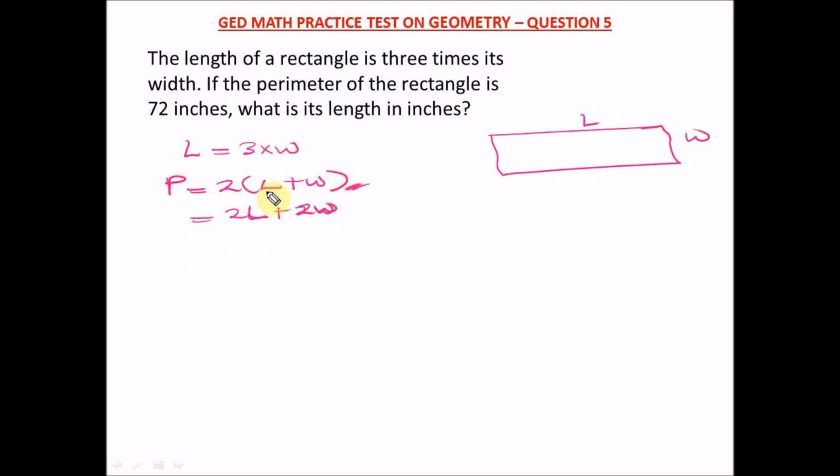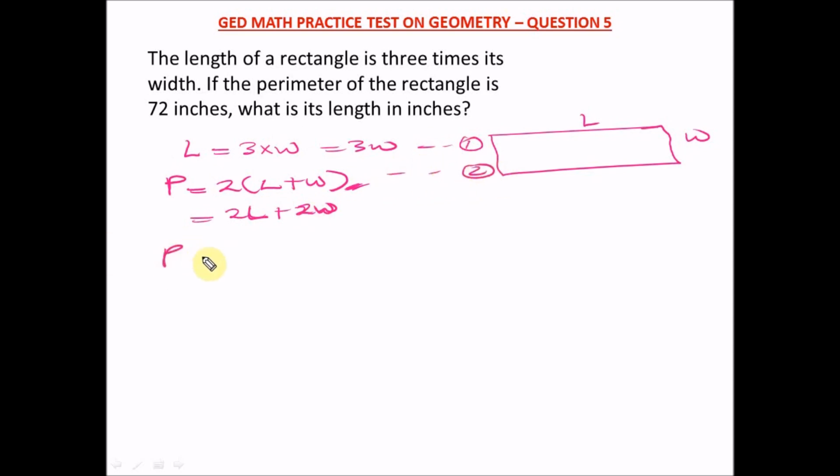So from here, we know that our length is equal to 3 times W, which is 3W. Let's put the value of L, which is 3W, into this equation. This is like substituting a value into another equation. This is like equation 1 and this is like equation 2.